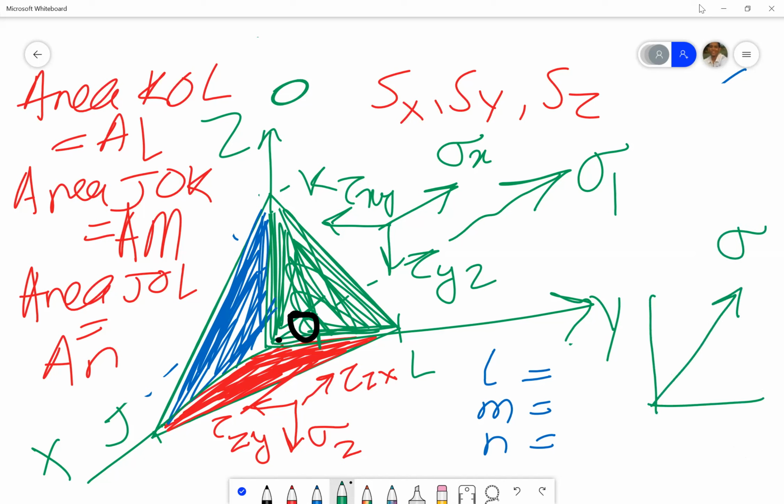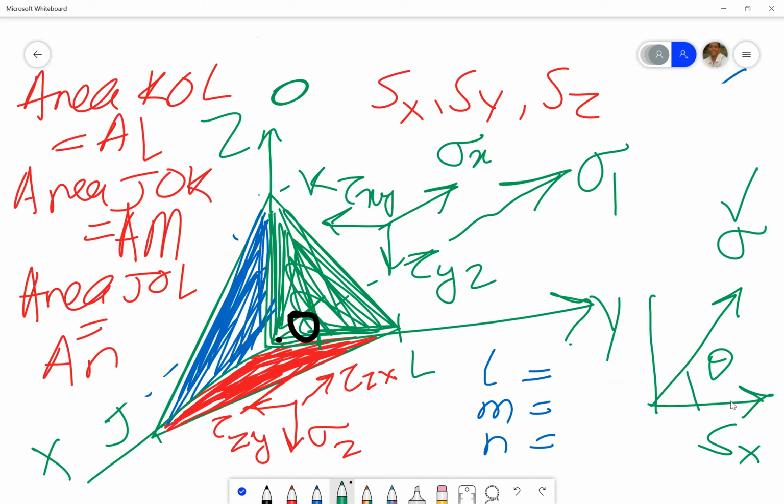I want to find the component of sigma in the x-axis. If sigma is in this direction, and I name the component in this direction Sx, then simply Sx is equal to sigma cos theta.